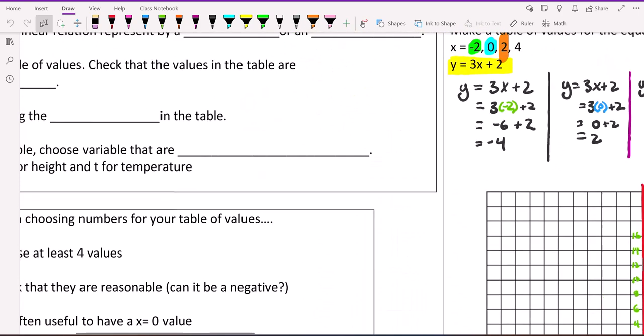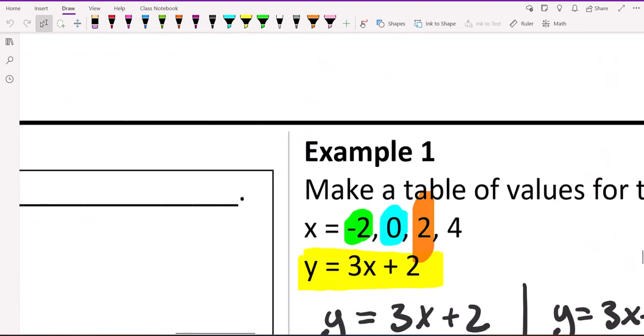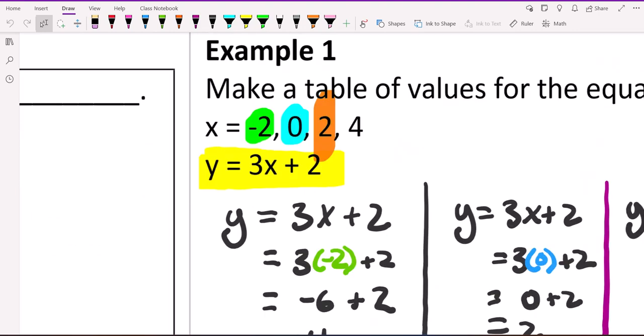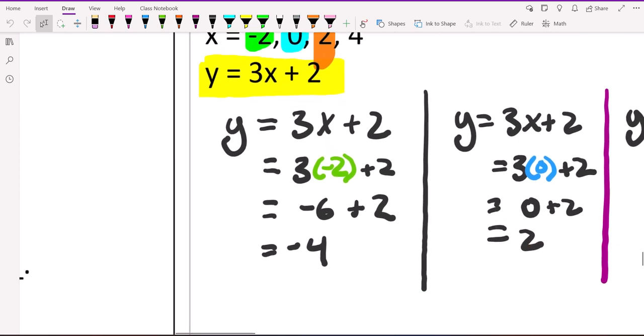And what I said is you basically need to pick 4 values of x, so you can come up with 4 points to plot. I gave you these x values last time, and all you do is, in the equation that you're given, replace the x with the value you want to try out. And then you calculate the matching y value, okay?